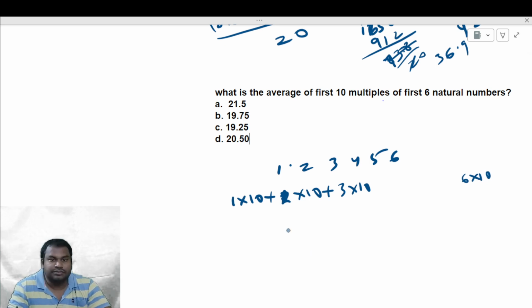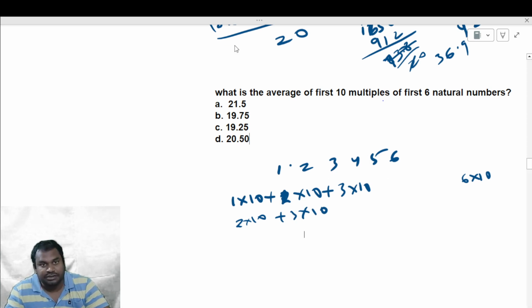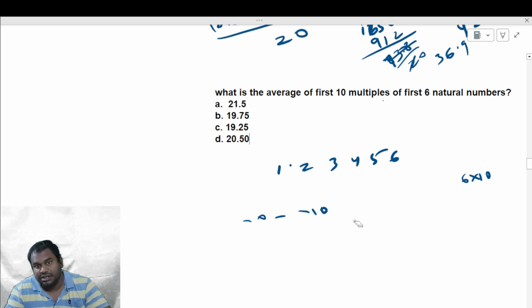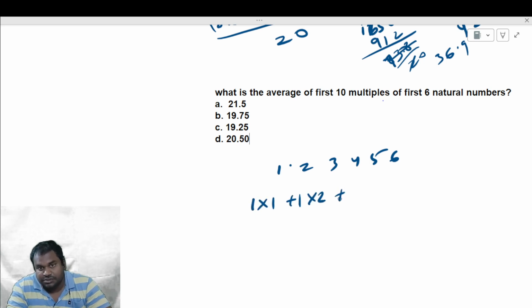This is one thing. Next, 2 into 10 plus 3 into 10, like that you can take, or else you can take in another way. Both ways you will get the same answer. So this is one way of taking, or else you can take like this also. That is, you will just multiply all the first 10 numbers with 1 first. 1 into 1, 1 into 2, 1 into 3, just like that, 1 into 10.